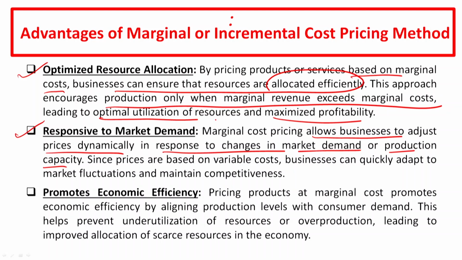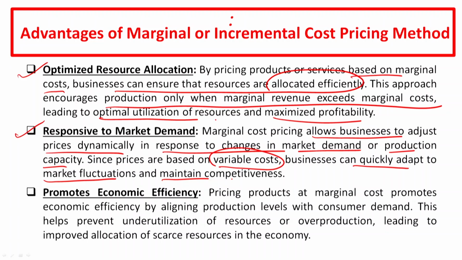Since prices are based on variable cost and not on fixed cost, businesses can quickly adapt to market changes or fluctuations and maintain the competition existing in the market. So, another very important advantage of this method is that it adapts to the changes in the market and the prices are changed according to the market or situation. Here the variable costs are given more importance and fixed costs are ignored.